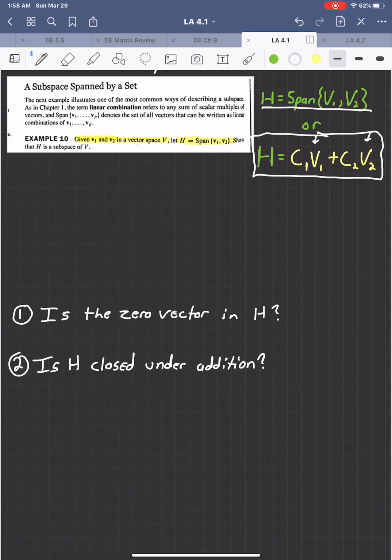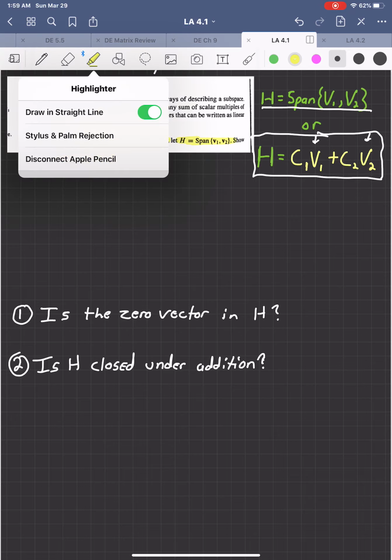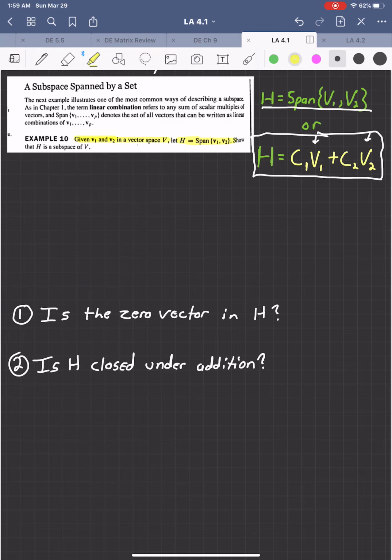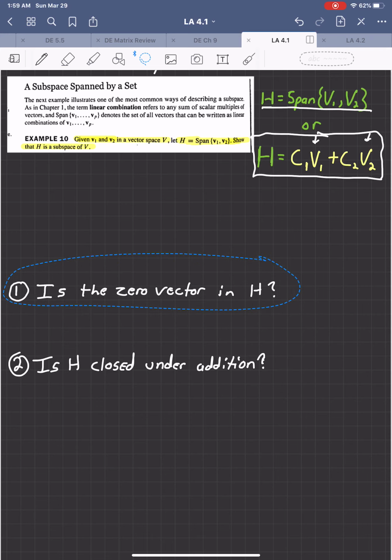Those are the only vectors you have, and the only thing you're allowed to do when you're spanning is scale them and add them. Now what is our job? Our job is to show that H is a subspace of V.